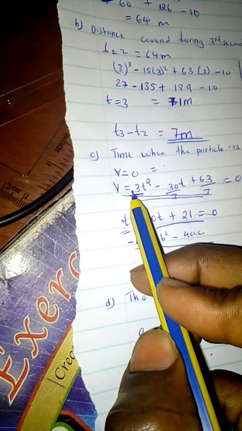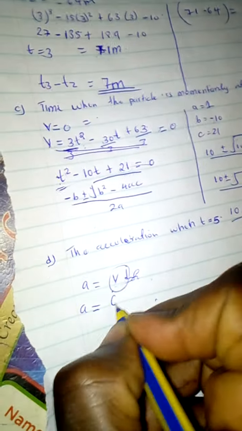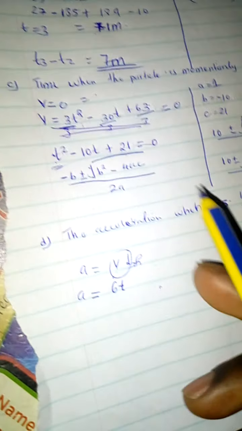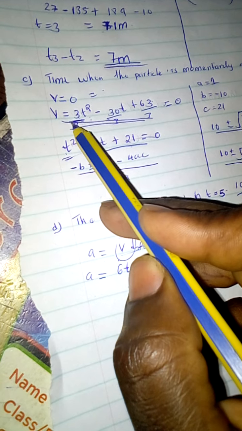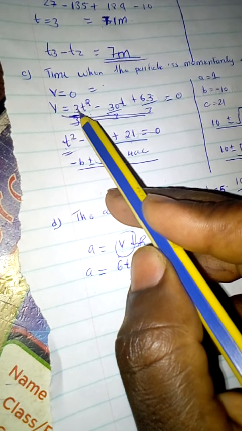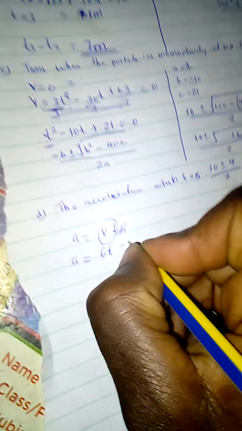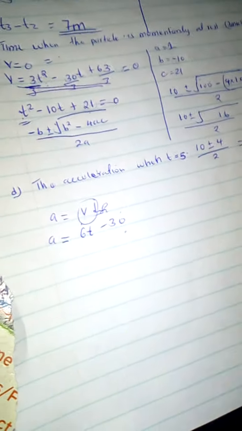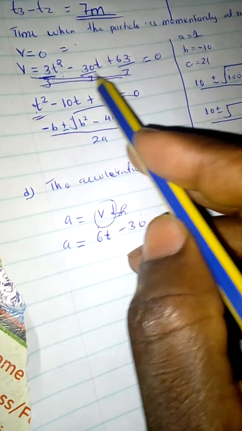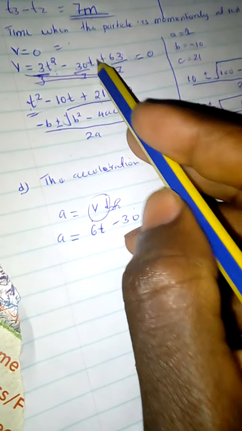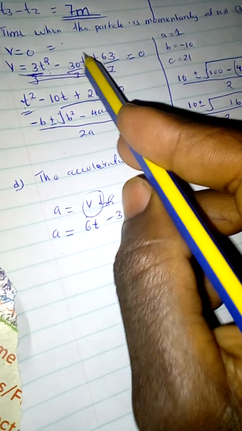You see, the velocity equation is this. Its differentiation will be 6t, 2 times 3 is 6t, then minus 30, because if you differentiate the 30t here, it will be 1 times 30, which is 30.